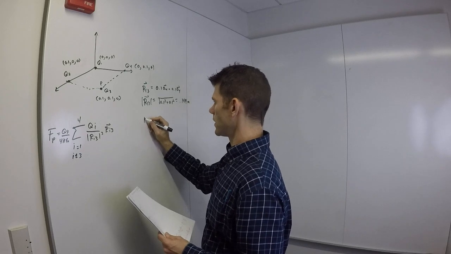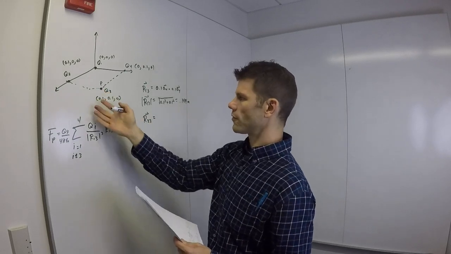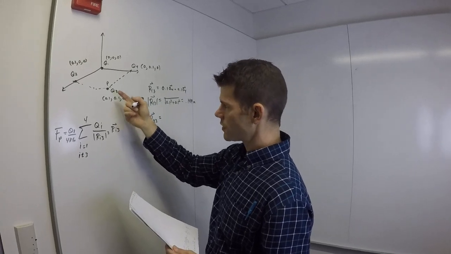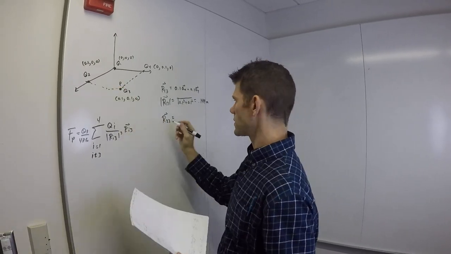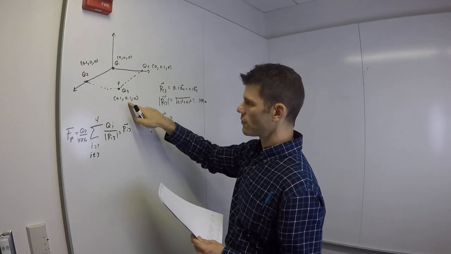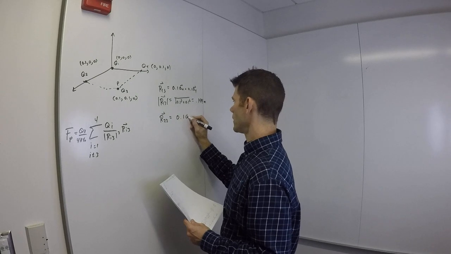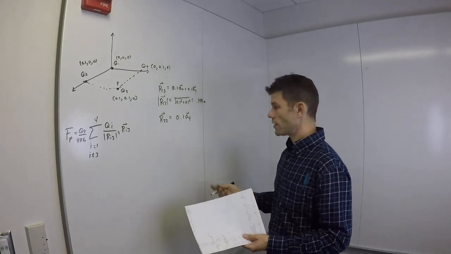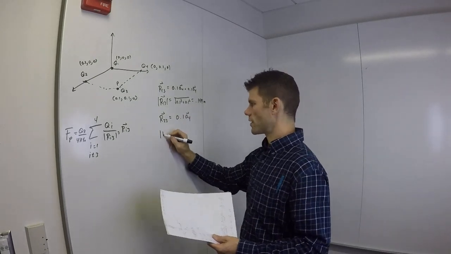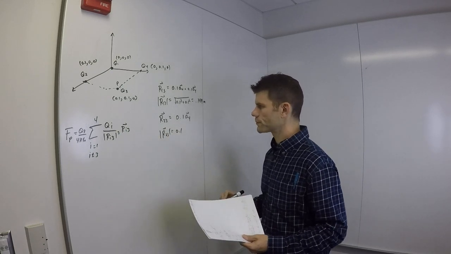Now the question is to get R23, okay? So for 23, we go from here to here. Well, you can see at this point, we subtract the x components, we just get 0. We subtract the z components, we get 0. The only component we're going to have is this y component. So it will be 0.1 ay, and since we only have one component, its magnitude is simply equal to 0.1.